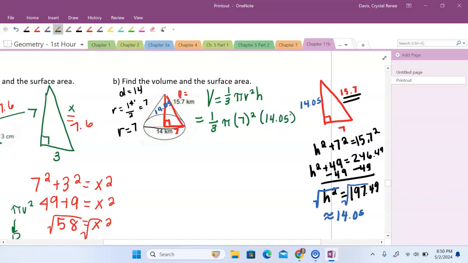So I put that into my calculator, and I get 720.9 roughly kilometers cubed.